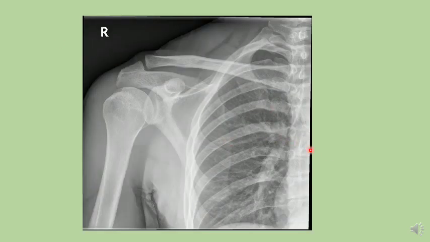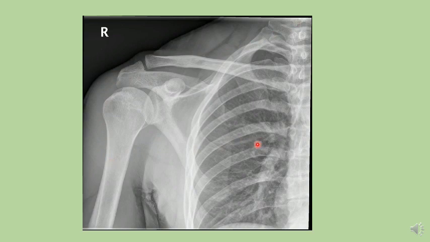This is a plain radiograph of right shoulder joint showing upper part of the humerus, scapula, clavicle and ribs of the left side, right side and partly the vertebrae, thoracic and cervical with soft tissue around.